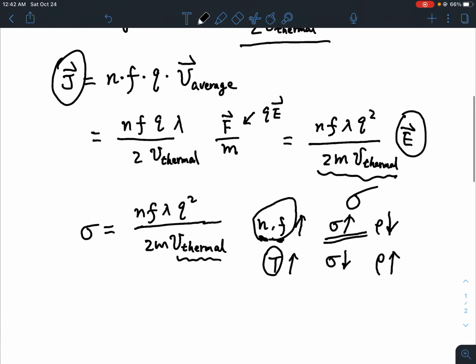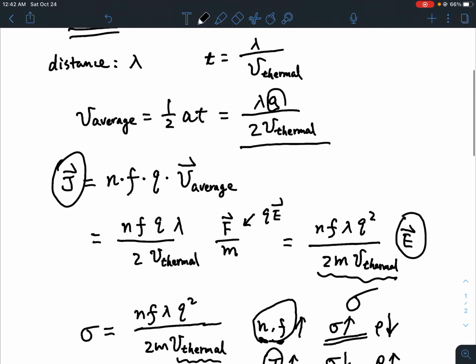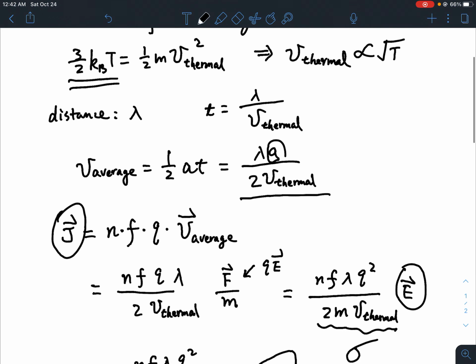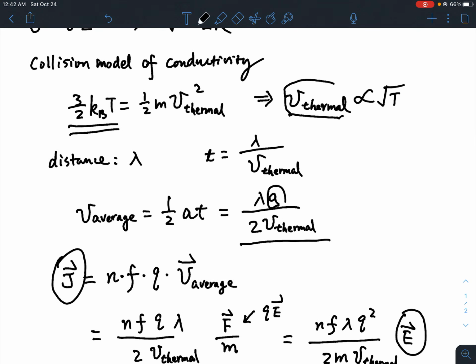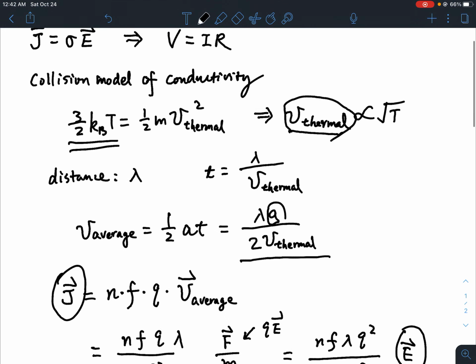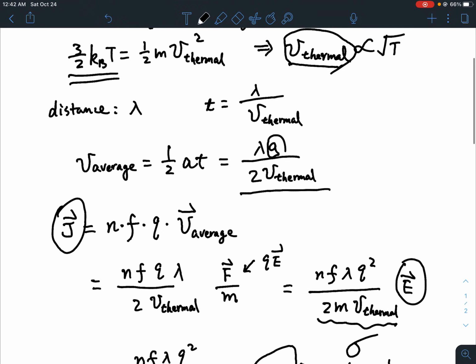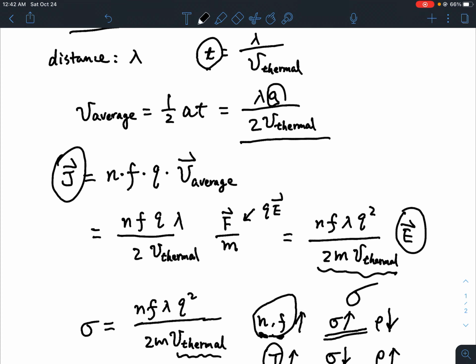So that is because the temperature increases. What happens is, as the temperature increases, the thermal speed also increases, and then the average time it takes for an electron to travel from one obstacle before it collides with another atom or molecule becomes shorter.